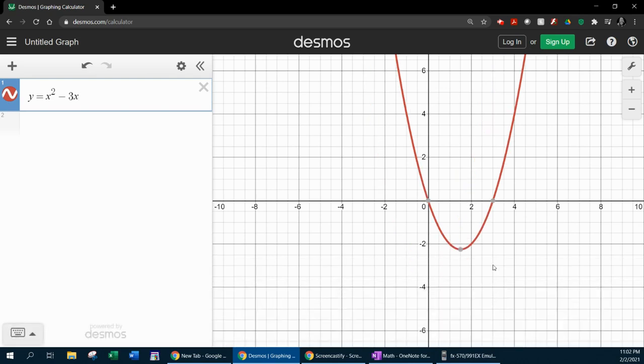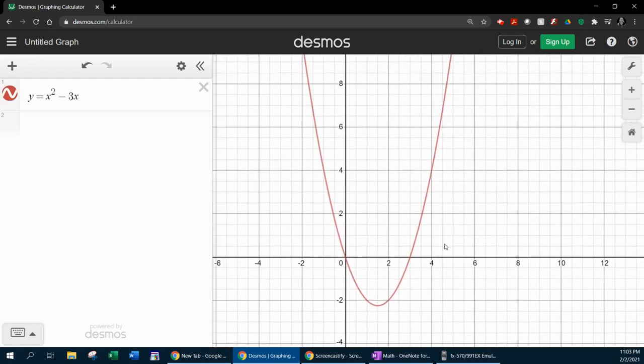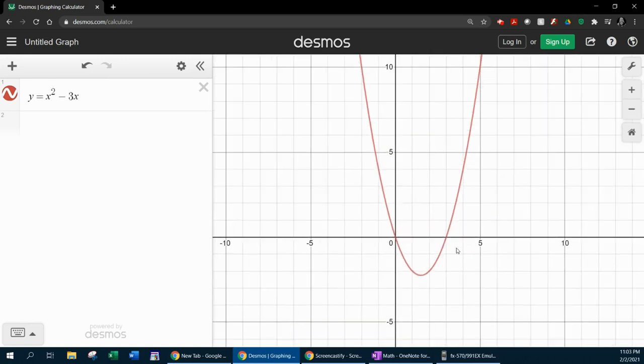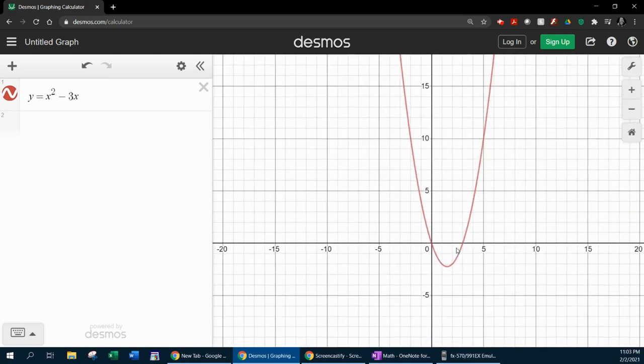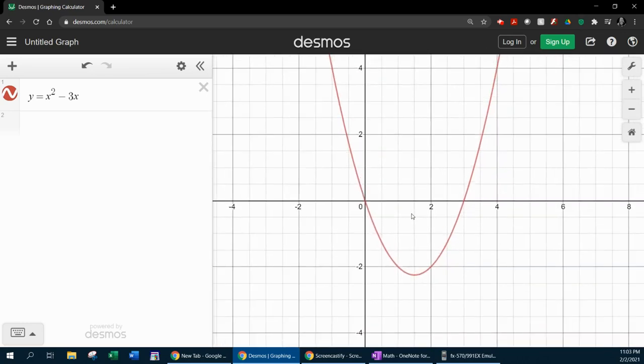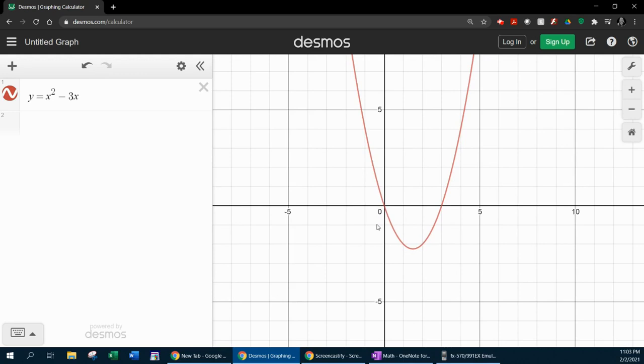And the cool thing about Desmos is as you type the equation, it's going to interactively give you the graph. And what's better about Desmos than like a TI-83 or an 84 is you can click on this graph and you can move it around as you need it. And you can also scroll the mouse wheel to zoom in and out. So you can move the graph around and you can scroll in and out. Really nice.